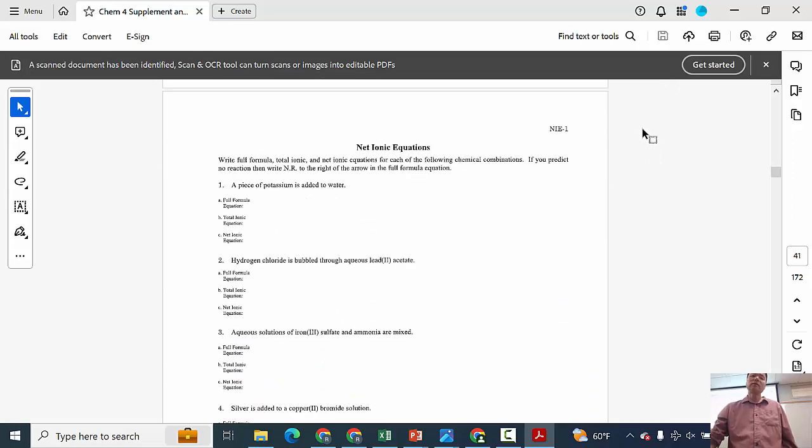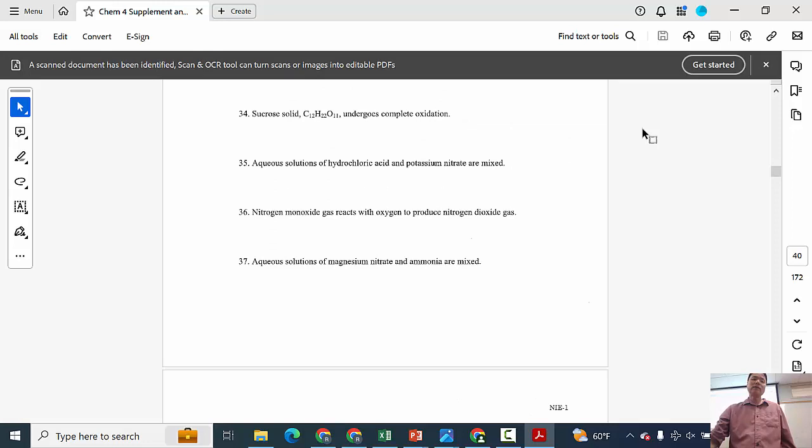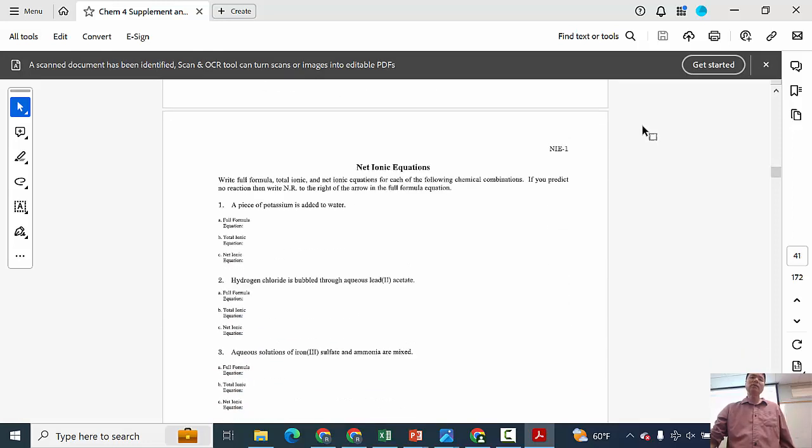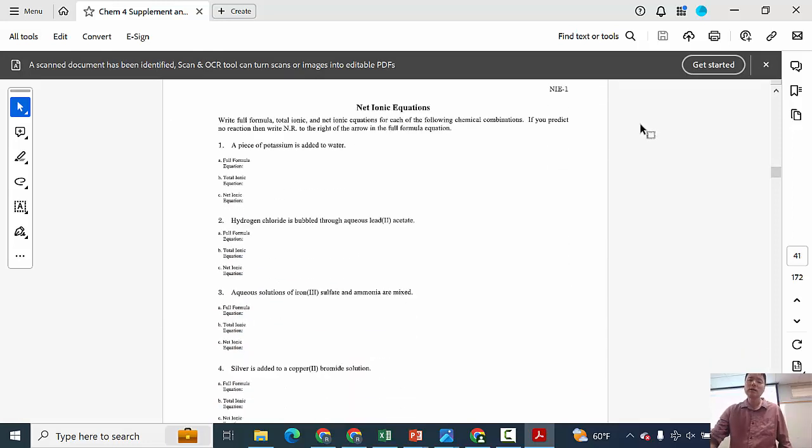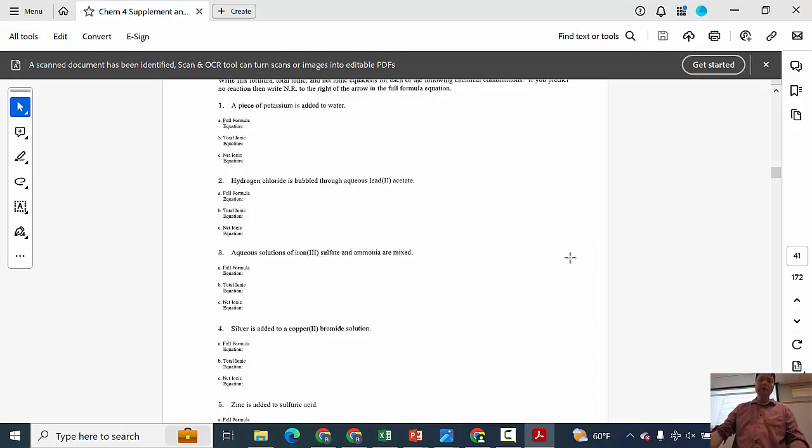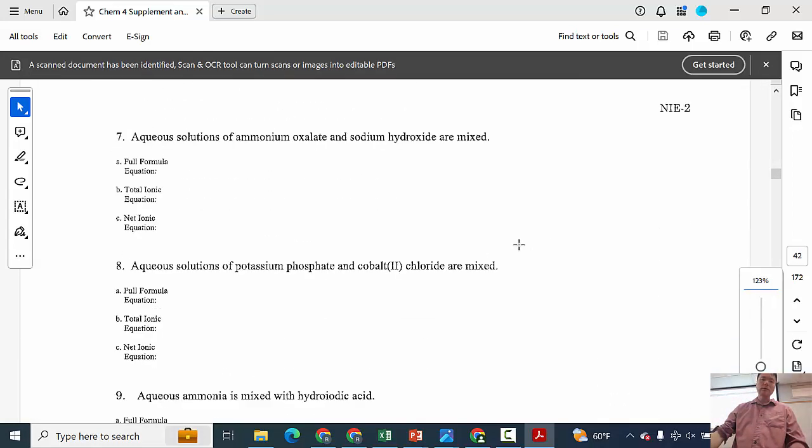This supplement's very long. Okay, not only do we have these 17 here, then we go on to net ionic equations. And so here we're trying to get a deeper look into how these occur structurally, how the atoms are rearranged. And so we have a bunch of these, what are called net ionic equations.